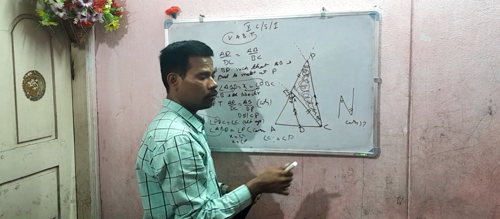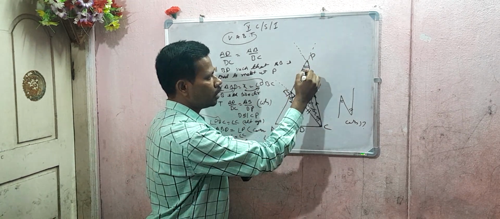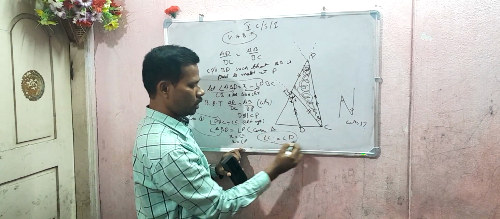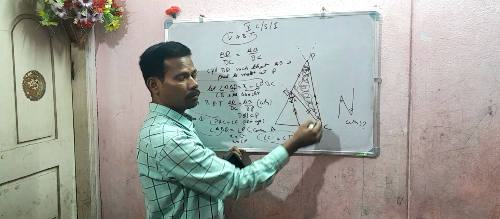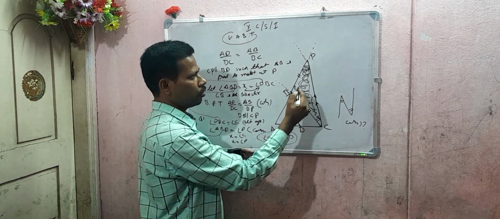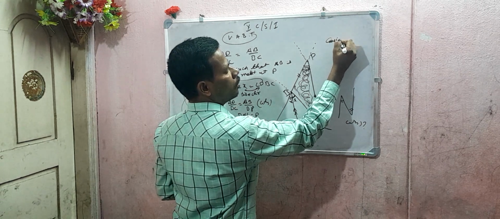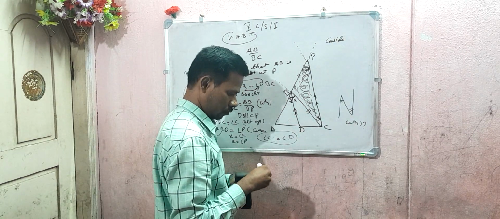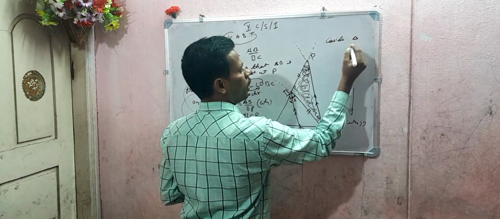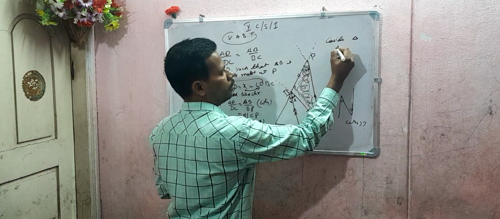What can you guess here? What type of triangle is it? Base angles are equal here also, no? Angle C is equal to angle P, as we have written here. If base angles are equal, then it is an isosceles triangle. Therefore, consider triangle BCP.